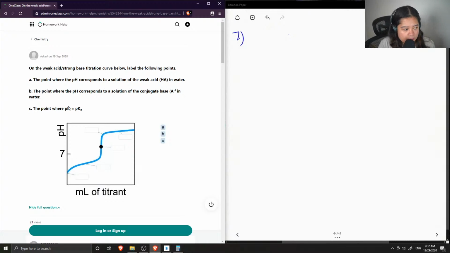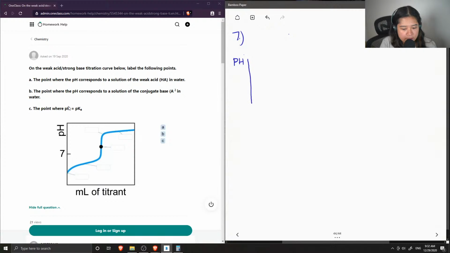Okay, so let's try to write out the same graph. We have pH of the solution, graphed with milliliters of titrant, and then 7 in the middle.